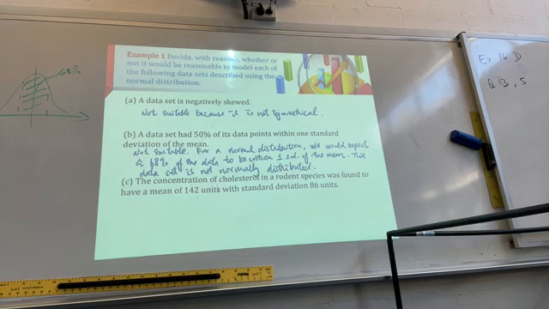All right? Now, the next thing, the concentration of cholesterol in a rodent species was found to have a mean of 142 units with the standard deviation 86 units. How could you work out whether it is suitable? Think about 3 deviations.